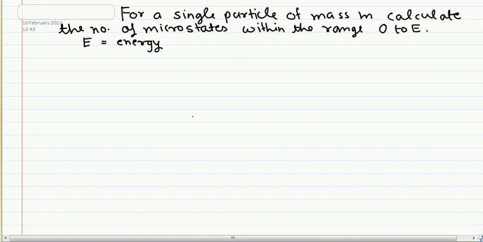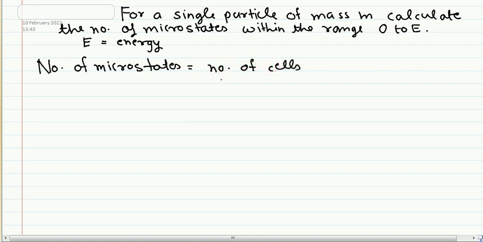Because here there is only one particle, the number of microstates will be the number of cells. Why is this so? Suppose we have 100 cells and there is only one particle. One particle can go in the first cell, second cell, third cell, fourth cell and so on.